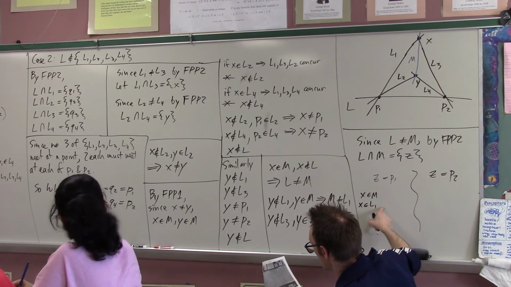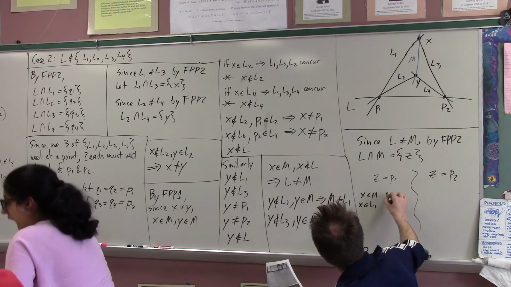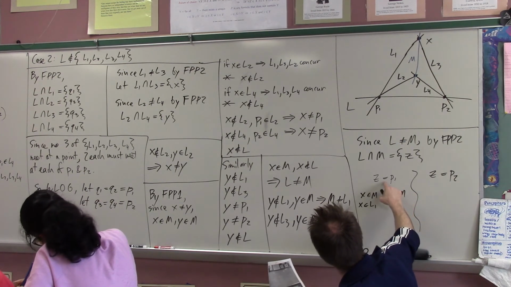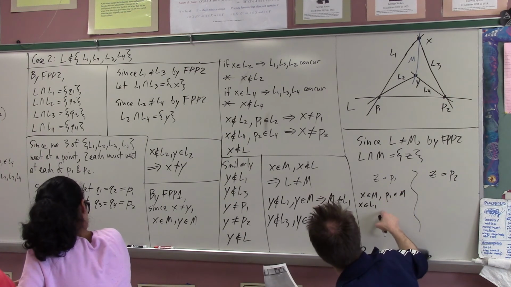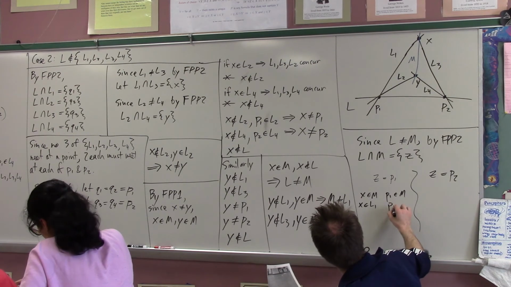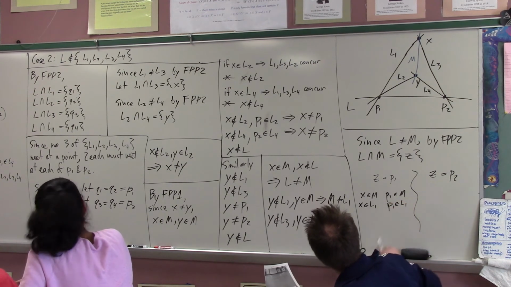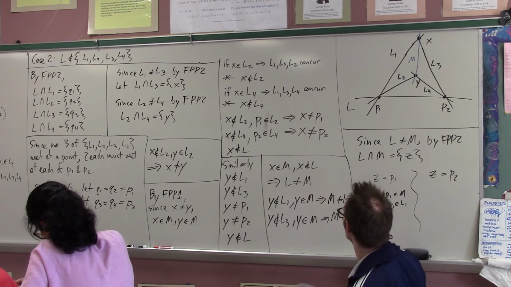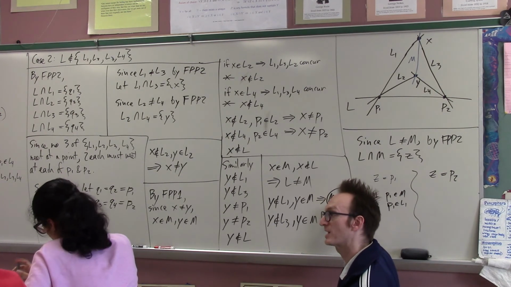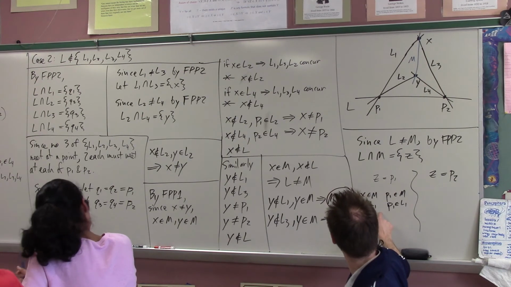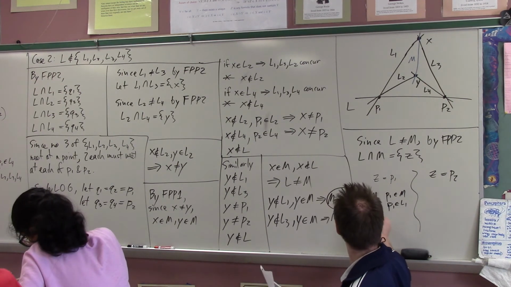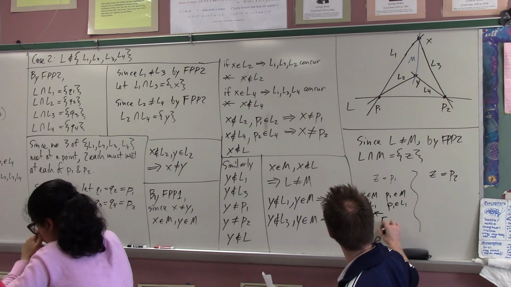We also have P1 on M, because I'm assuming that Z is P1, and I also have that P1 is on L1. But now I have two distinct lines, and here's why I had to prove that L1 was not M a second ago. I have two distinct lines, M and L1, intersecting at two distinct points. This is a contradiction with FPP2.